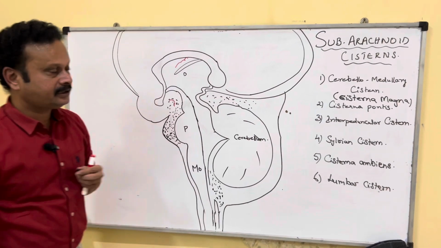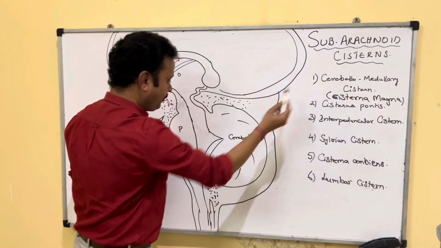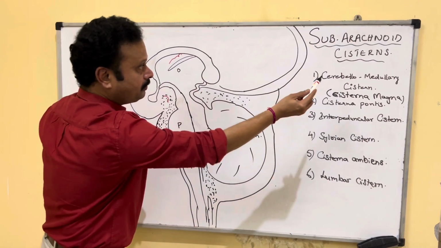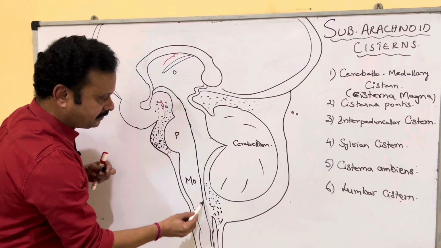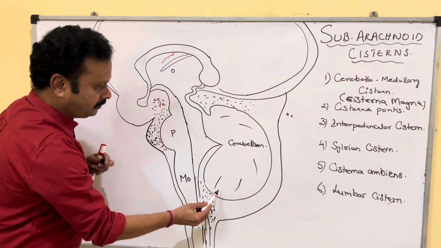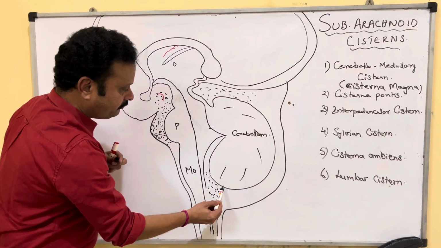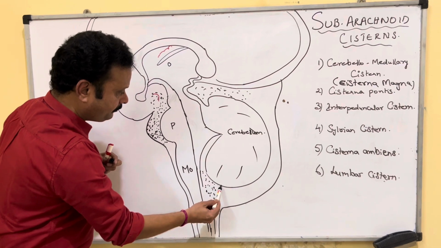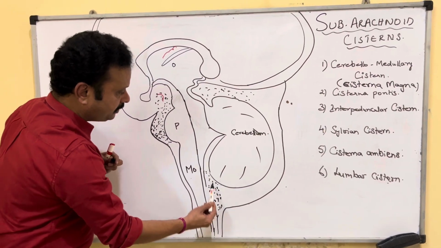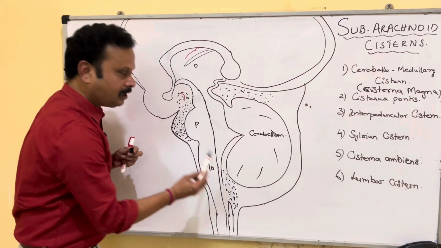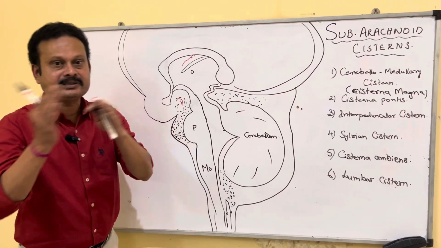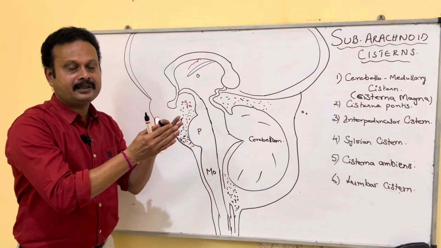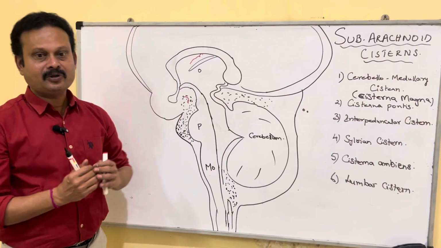Its name itself is saying something. This region is that cistern, which lies along the inferior angle of the cerebellum and posterior aspect of the medulla oblongata, lying in the angle between the cerebellum, medulla oblongata and occipital bone behind.